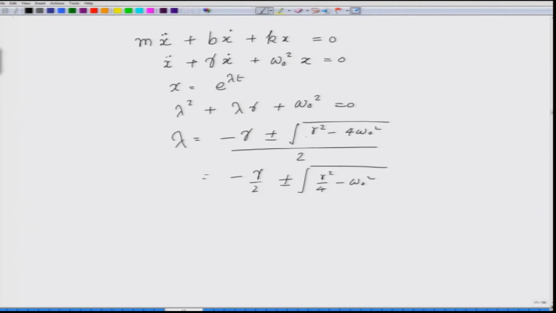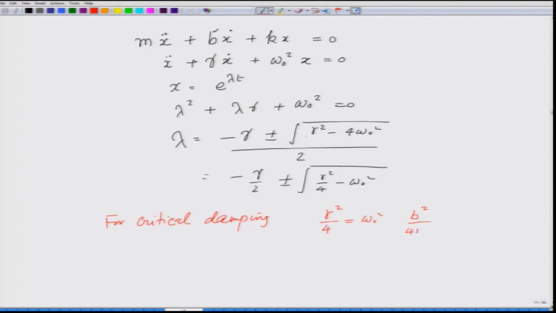Now, B is given for the system and gamma depends on the mass. So, for critical damping, I have gamma square over 4 is equal to omega 0 square, and gamma is B by m.